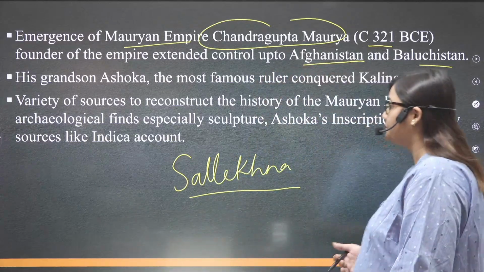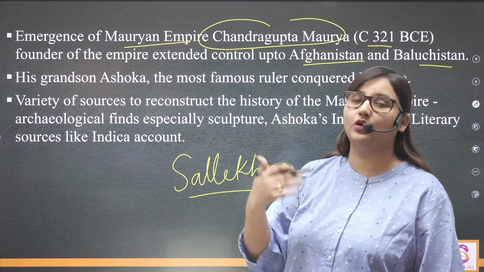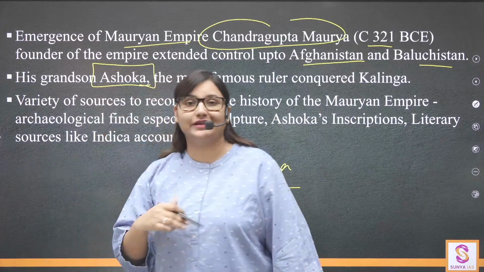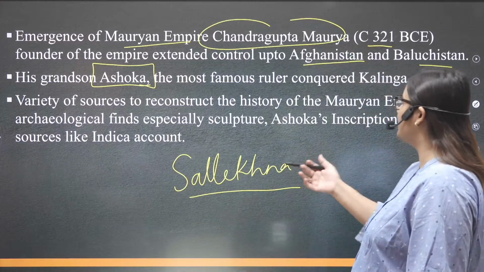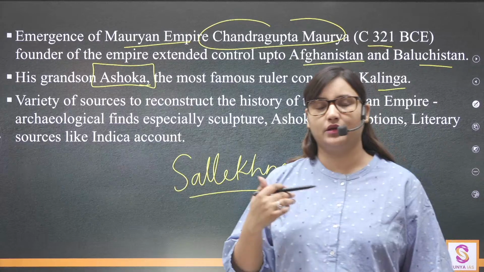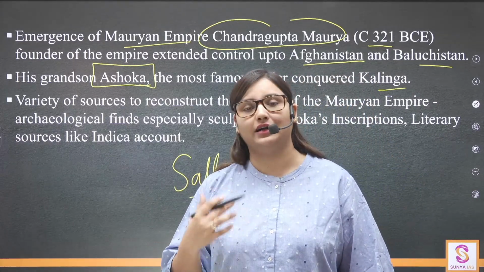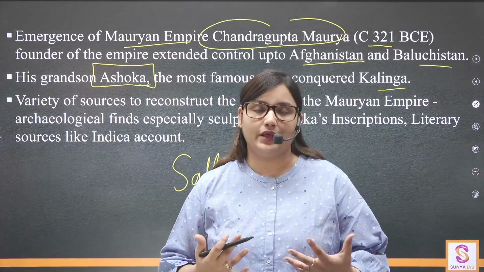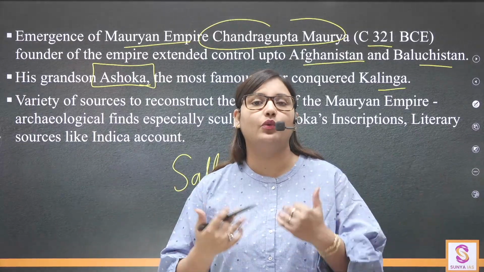Okay. So basically Chandragupta Maurya came, and then his grandson, Ashoka the Great, became the most important ruler, because he expanded more and went beyond the Deccan in India. He was the most famous ruler who conquered Kalinga also, and after the conquest of Kalinga, he changed his mind. He started following the peace policy, and he said that I don't want to be someone who gets victory in all the directions, but I want to win the hearts.